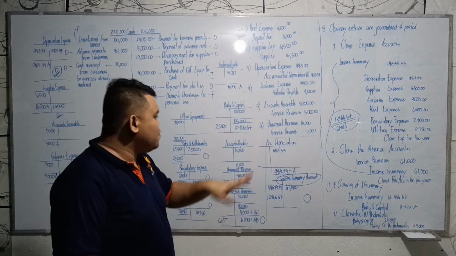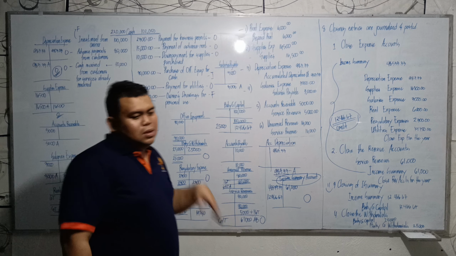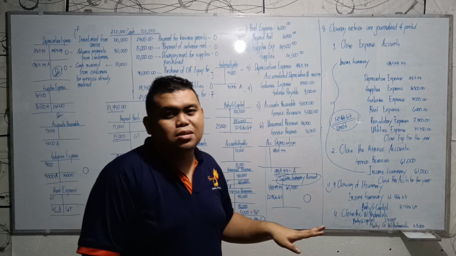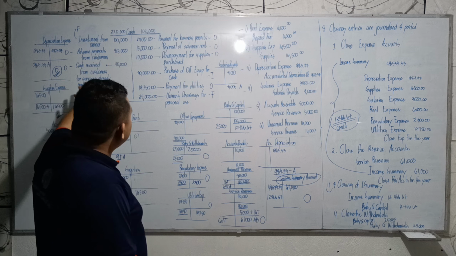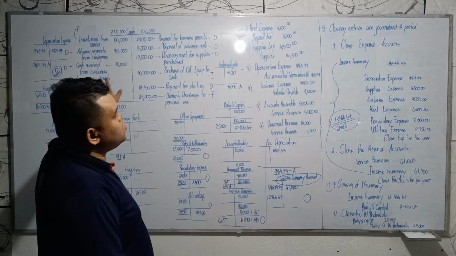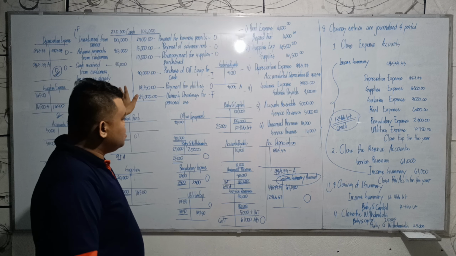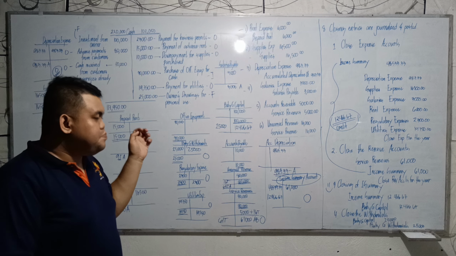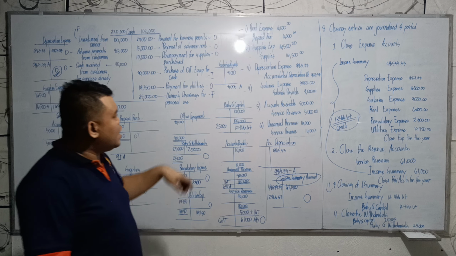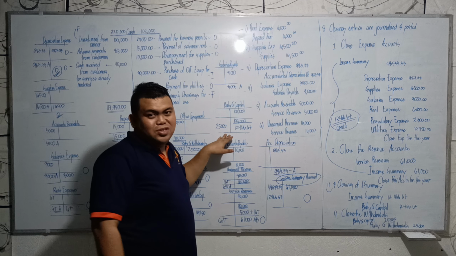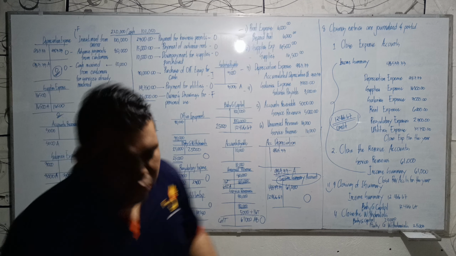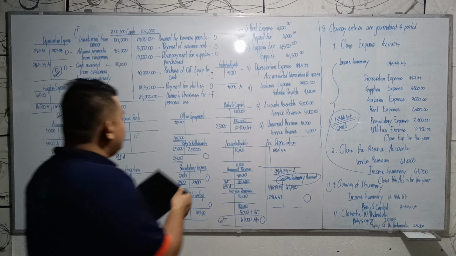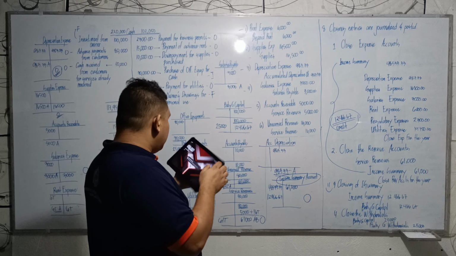So as you can see, everything became zero. The revenues, the expenses, except for the balance sheet accounts or the statement of financial position accounts or the real accounts. So the withdrawals is also zero. However, the capital has been changed. Okay? So, what's the net change for the BBG capital?